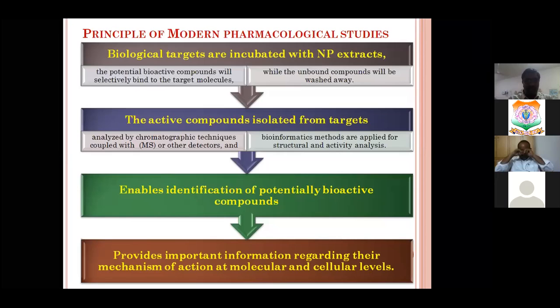This technology enables us to identify potentially bioactive compounds and also provides information regarding their mechanism of action at the molecular level and cellular level. Remember, in the classical approach, we get the mechanism of action at the end after so much time and so much activity. But here you will get the mechanism of that particular active extract immediately after application.